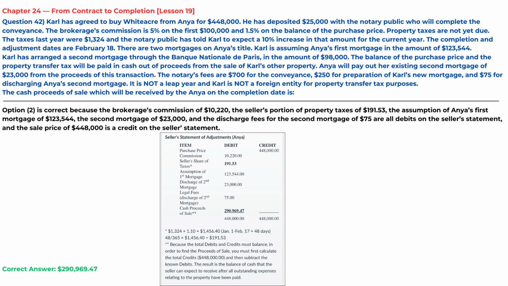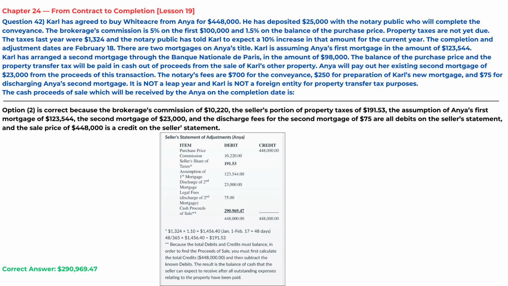Anya will pay out her existing second mortgage of $23,000 from the proceeds of this transaction. The notary's fees are $700 for the conveyance, $250 for preparation of Carl's new mortgage, and $75 for discharging Anya's second mortgage. It is not a leap year, and Carl is not a foreign entity for property transfer tax purposes.